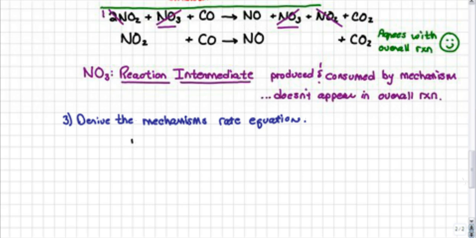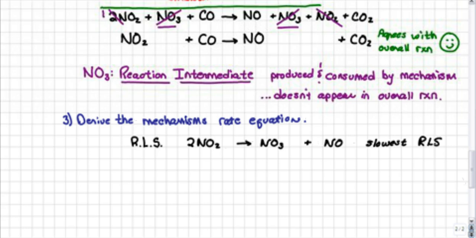What you need to do is be sure that you've identified the rate-limiting step, the elementary reaction that goes very, very slow. I'm going to rewrite it here so that we've got it to look at. Our rate-limiting step involved the nitrogen dioxides colliding with one another to form the intermediate NO3 and the NO. It was listed as the slowest step, and therefore the rate-limiting step.